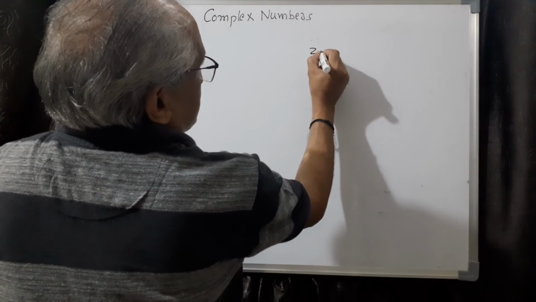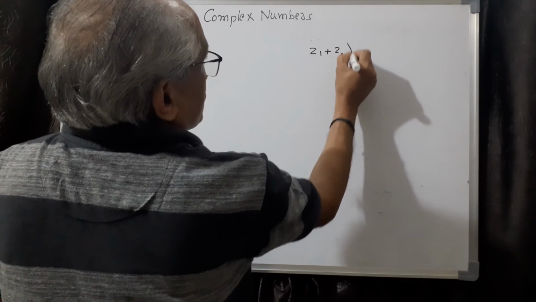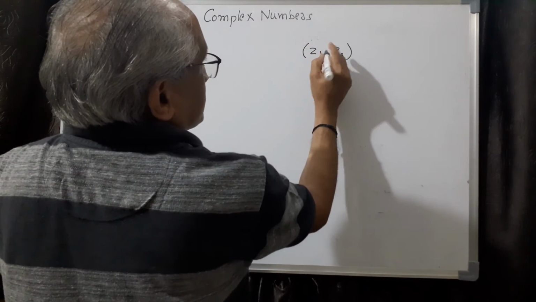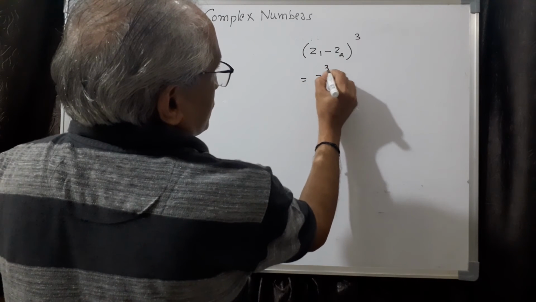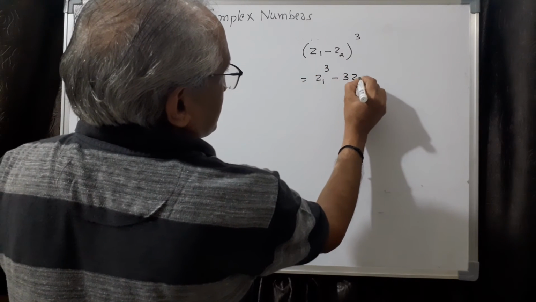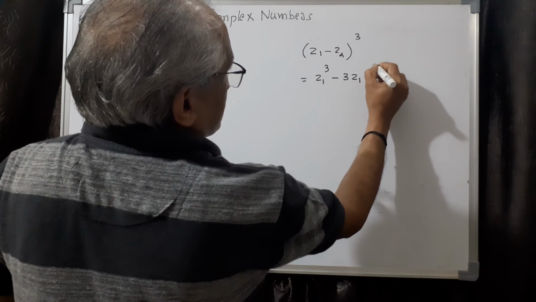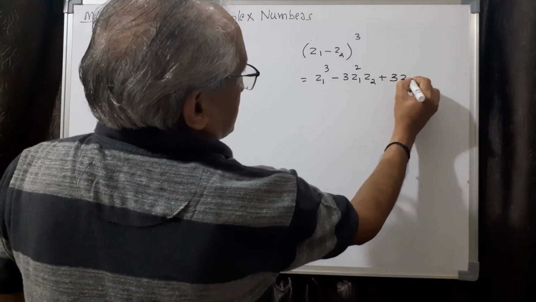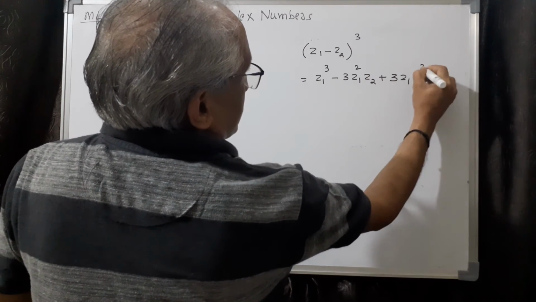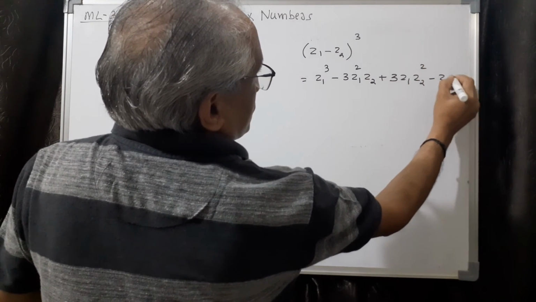I will write here (z1 - z2) whole cube will be equal to z1 cube minus 3 z1 square z2 plus 3 z1 z2 square minus z2 cube.